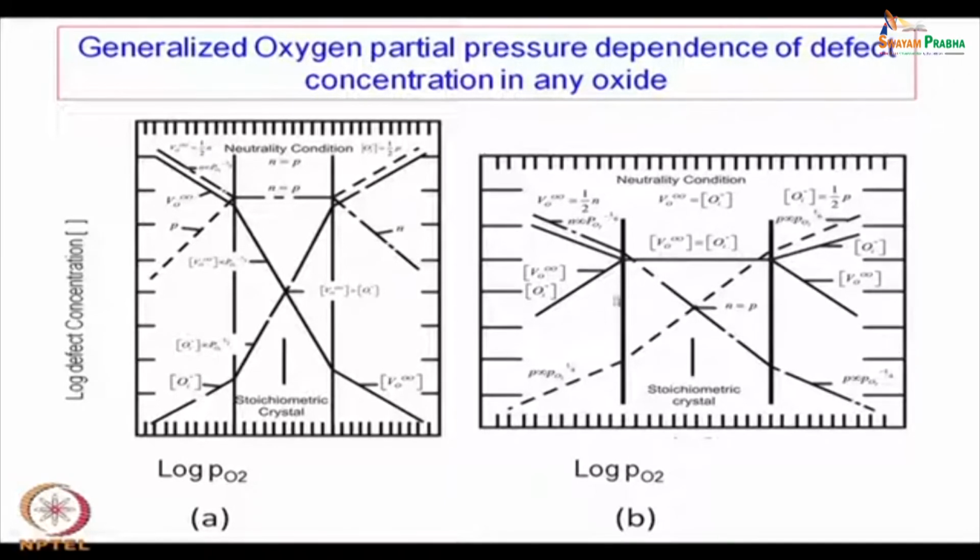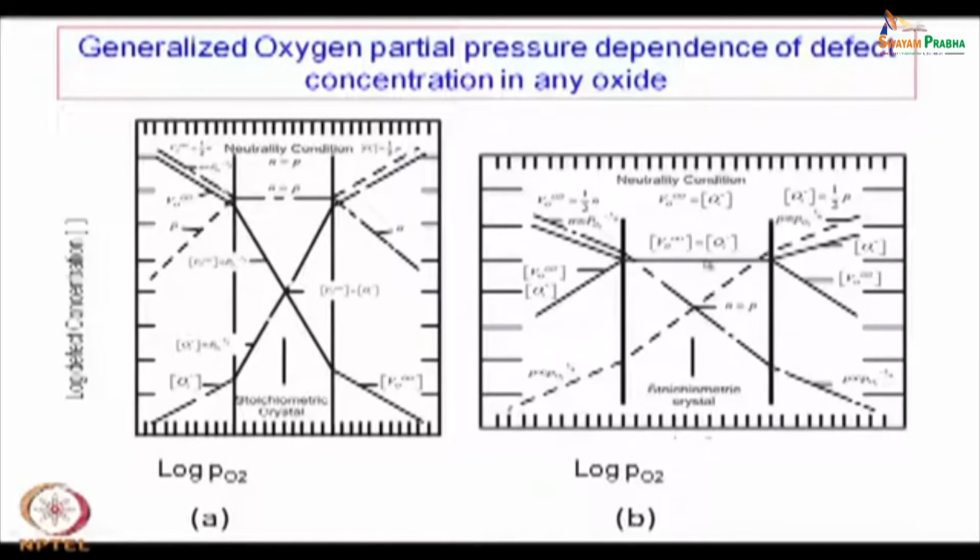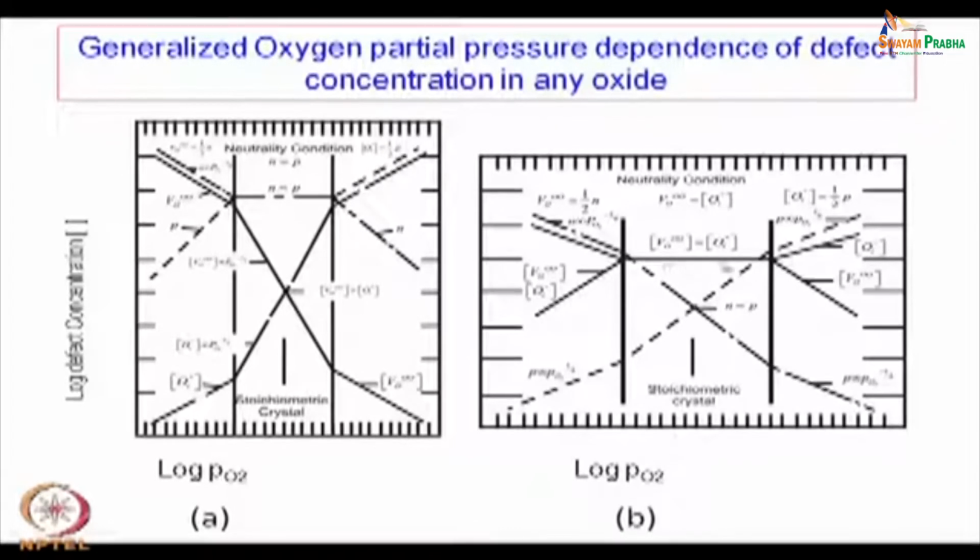That means, in this region the ionic defect concentration, or the ionic compensation, is predominant over the electronic compensation. So, the concentrations of oxygen vacancy and oxygen interstitials are much larger than the concentration of the electrons or holes.